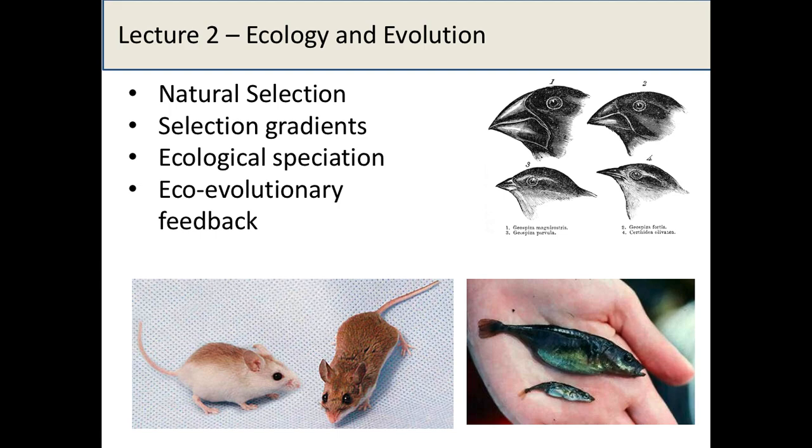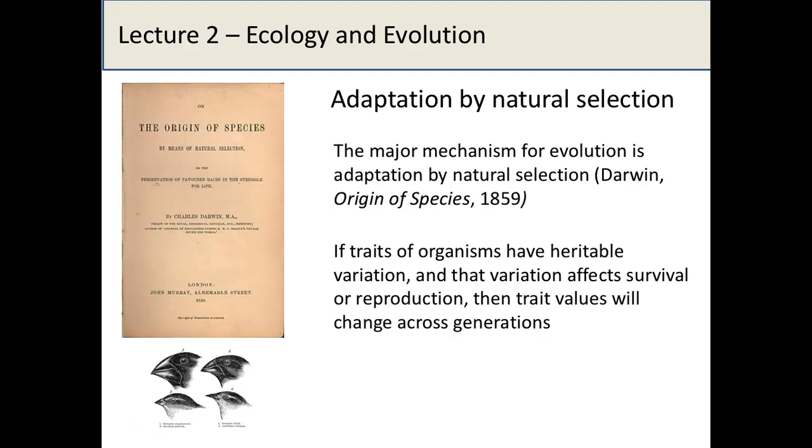And then this will probably take us into next week, where we're going to look at eco-evolutionary feedback. The majority of this lecture is how ecology drives evolution, but evolution can also drive ecology, and we'll see that cyclical effect as we move on a little further.